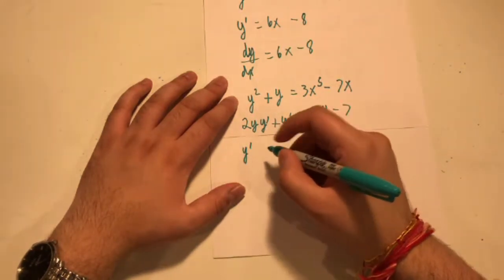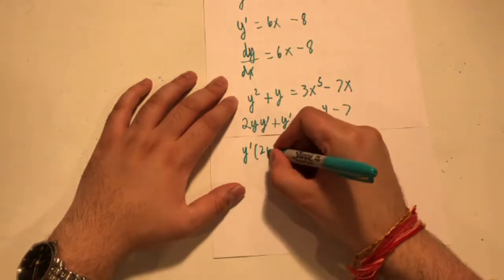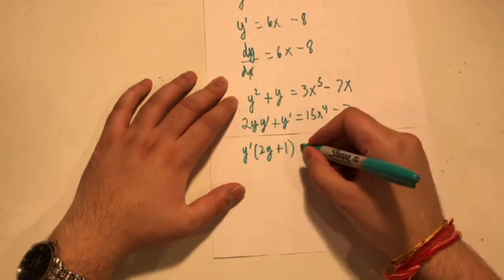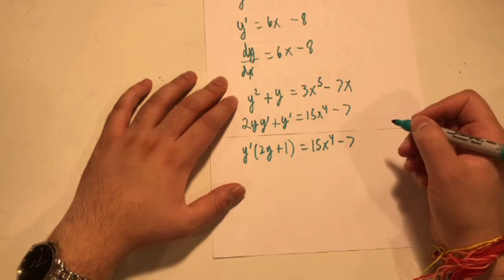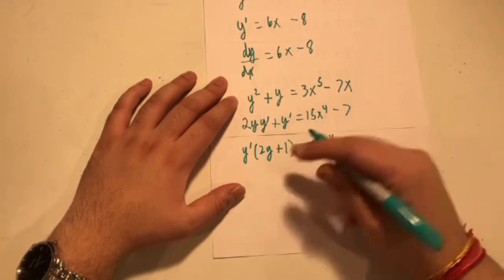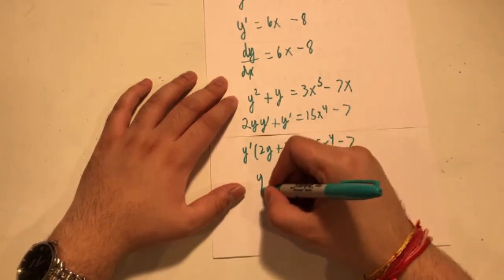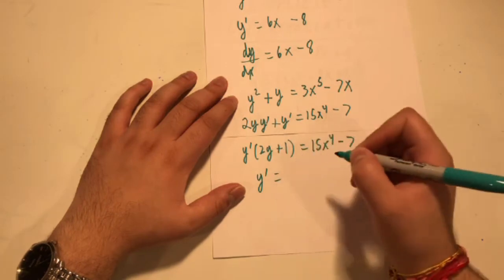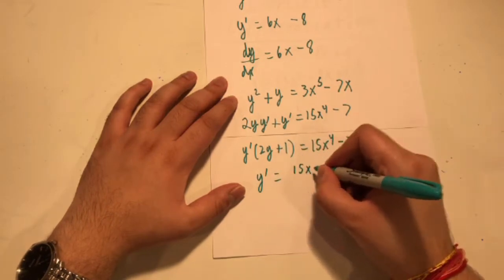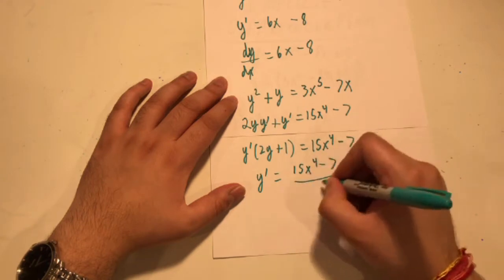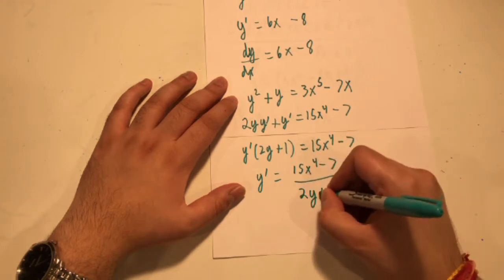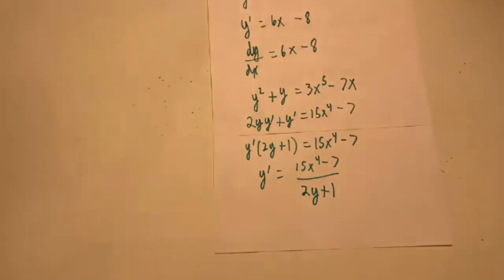So y prime times 2y plus 1 is equal to 15x to the 4th minus 7. And then I divide on both sides. y prime is equal to 15x to the 4th minus 7 over 2y plus 1.